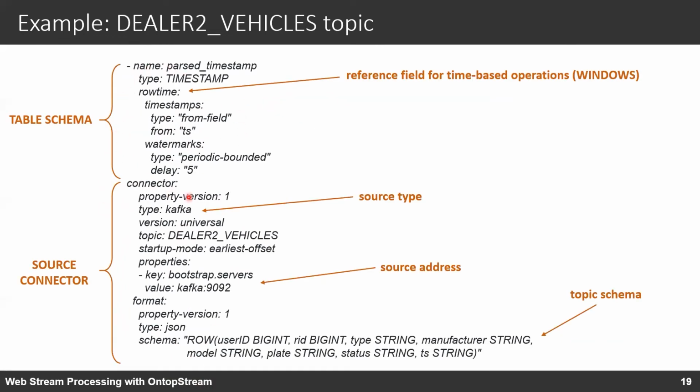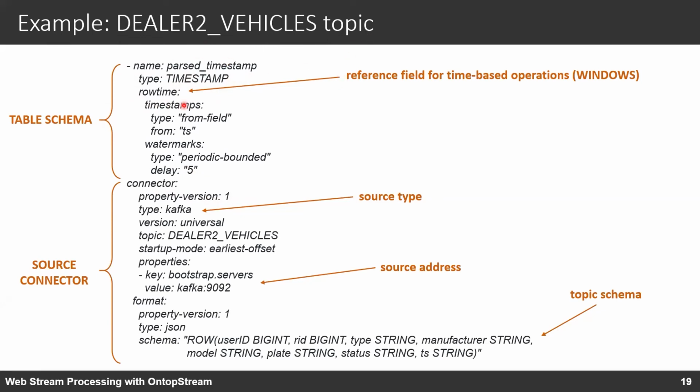And continuing to the description of this connector, we need to specify a very important field, which is the parser timestamp field, which is a watermark field, which allows us to express queries over a time window. So remember that our Kafka data has a timestamp attached to it.